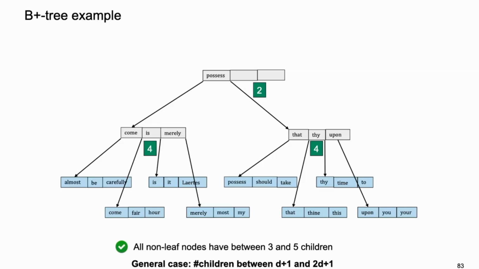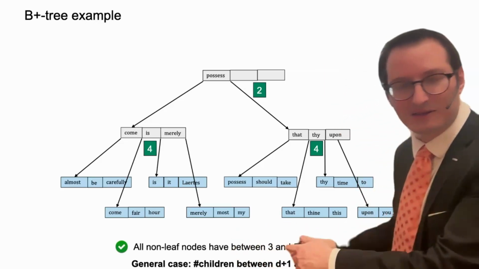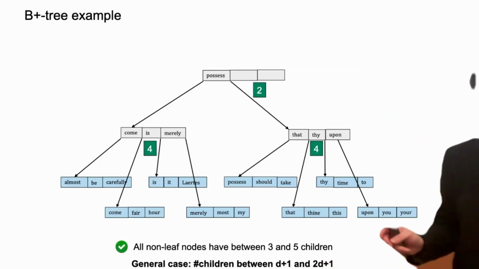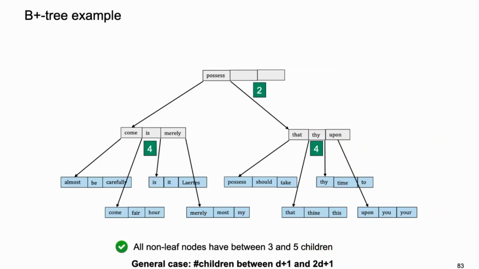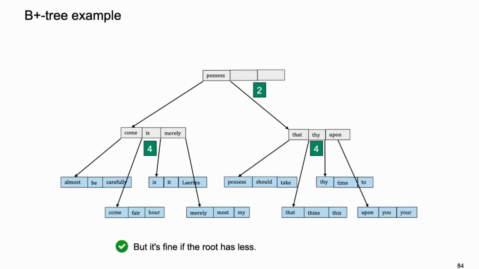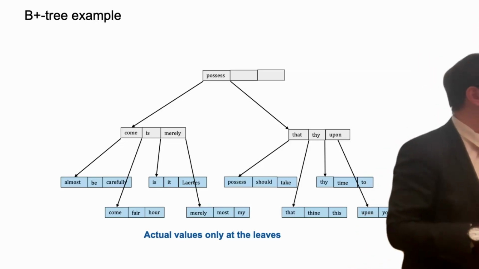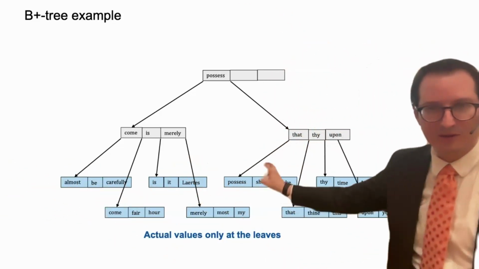All right. Now, these two values here, 3 and 5, in fact, it's not 3 and 5, it's D plus 1 and 2D plus 1 for some D, and we choose it in such a way that this corresponds to a disk block, very roughly. So what happens is that the values of your index, so if you index a specific field in your collection and you look at all the values, they end up on the leaves of the tree.